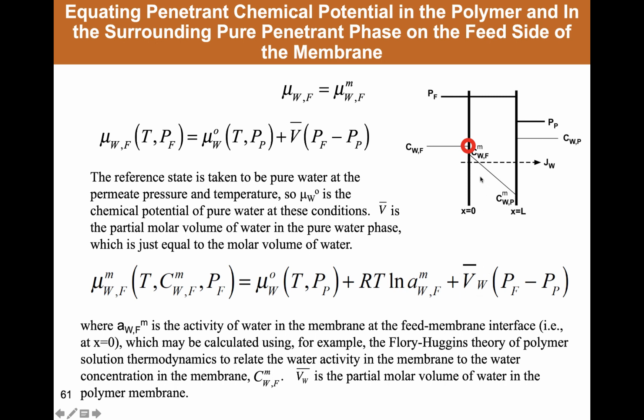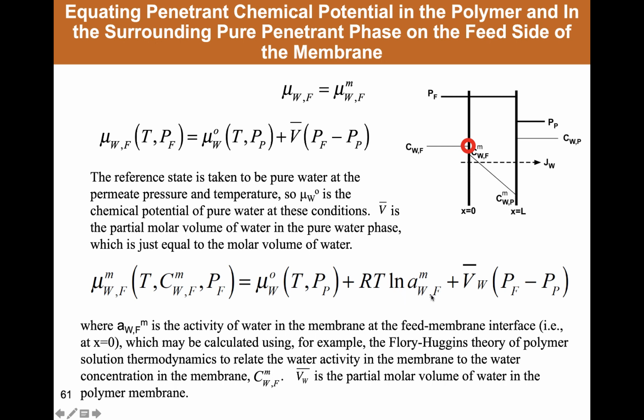We must also recognize that for a penetrant dissolved in a polymer, the chemical potential of that penetrant inside the polymer can also change depending on what the concentration of penetrant is in the polymer, and so we include that through inclusion of an activity term, and this activity is then linked back to the concentration of solvent in the polymer through an appropriate thermodynamic model.